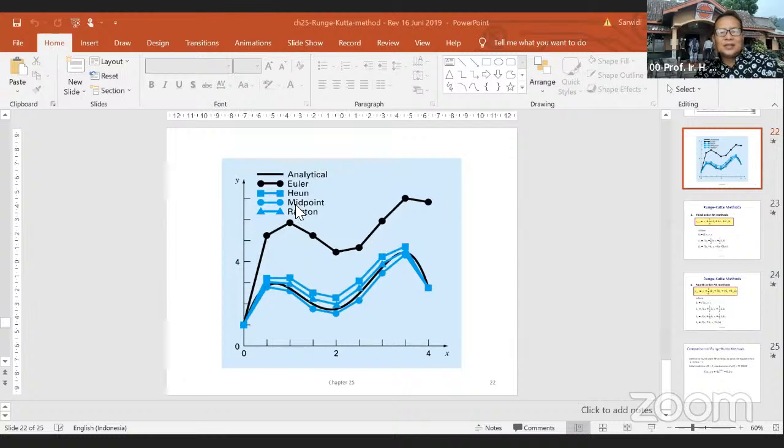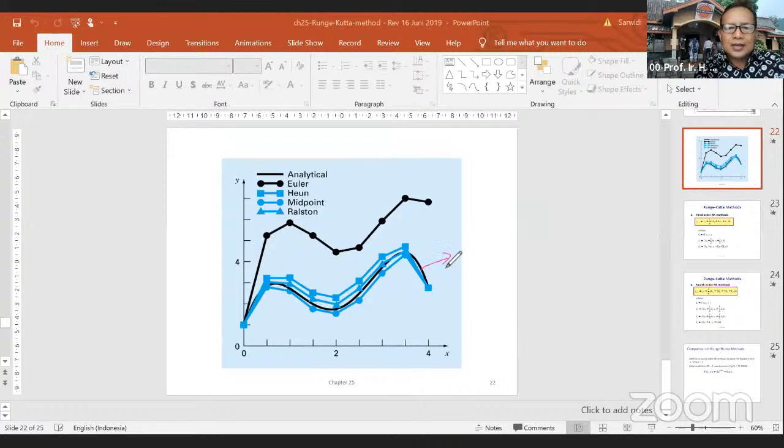So here, for example, finding the solution using the analytical formula, the exact one is here. Using Euler is this one, and the exact is this one.